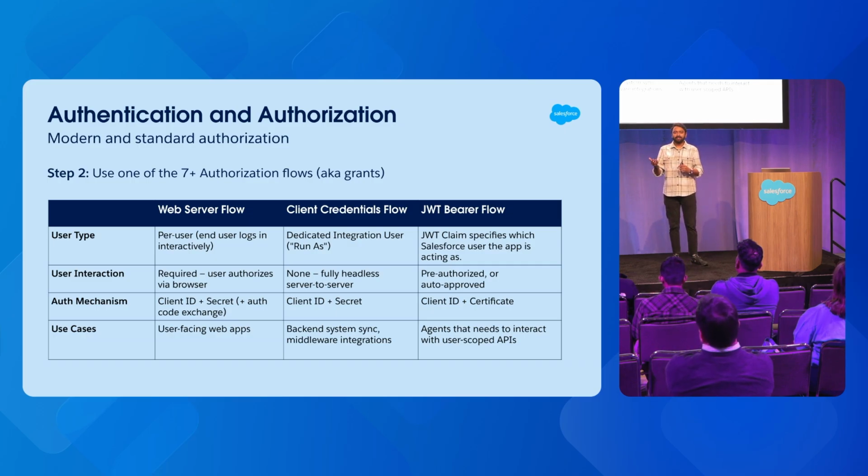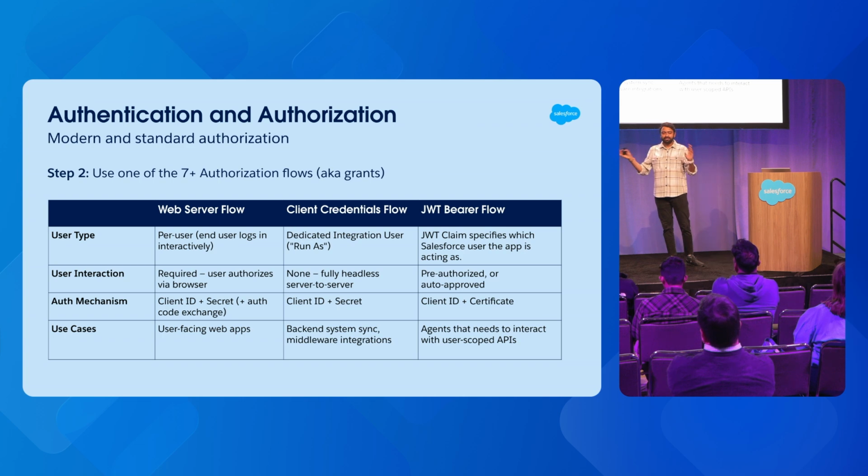But what if you have scenarios like data integrations or backend data syncs, where it doesn't really matter who's requesting it? It's more of a single integration user that is set up end-to-end, and all the integration happens through that one single integration user. So that's where we have the client credentials flow, a server-to-server integration with a single integration user.